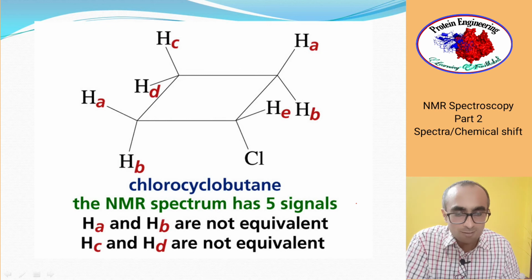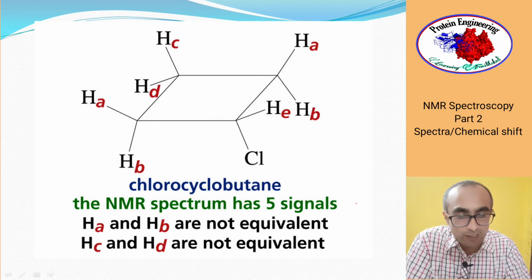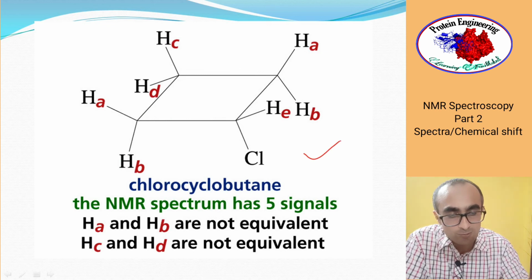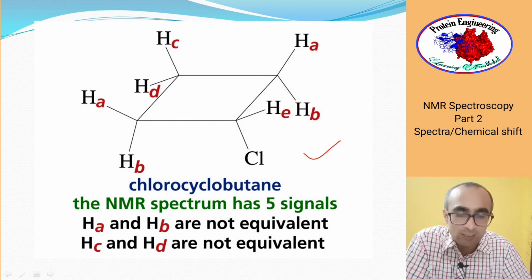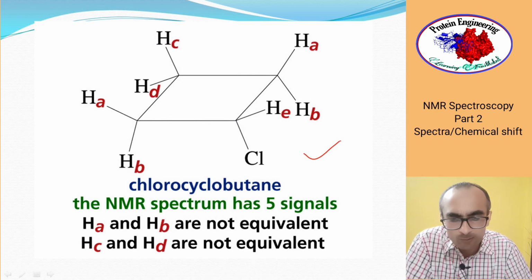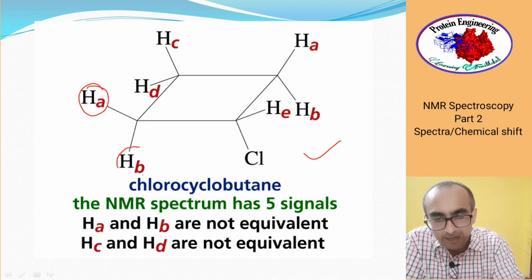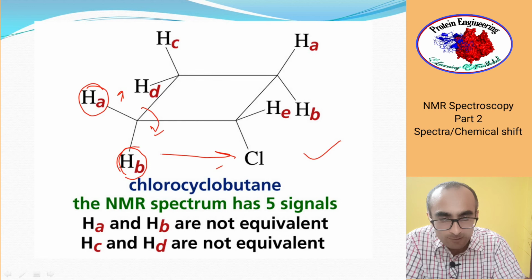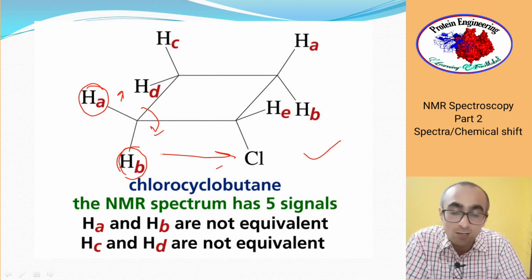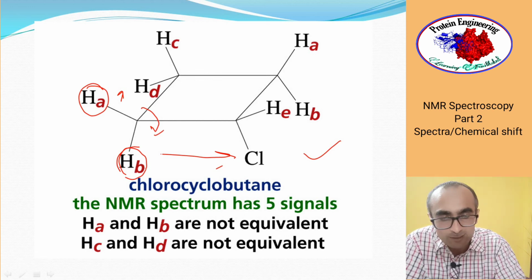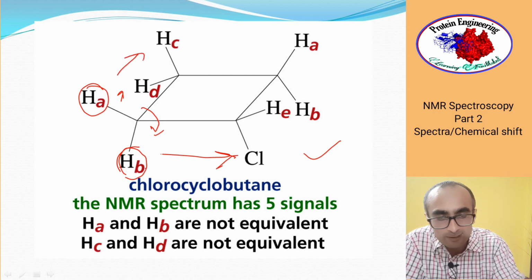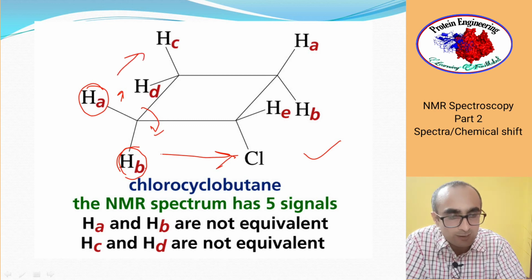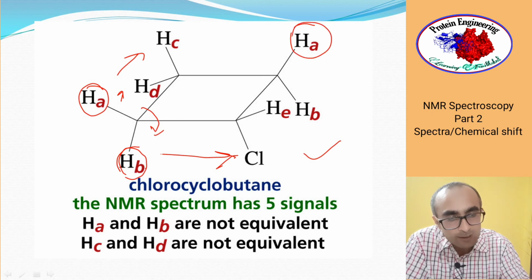Similarly, another example is chlorocyclobutane. This is the structure of chlorocyclobutane, and if we look at the unique hydrogen atoms depending on their environment, we see that you have HA and HB. These two are unique because they have a unique environment, and moreover this bond cannot rotate, so they are not at the equivalent position, they are different. So you call them HA and HB types, where on one side you have the Cl group, and on the other side another two protons, which are equivalent to this kind of HA and HB.